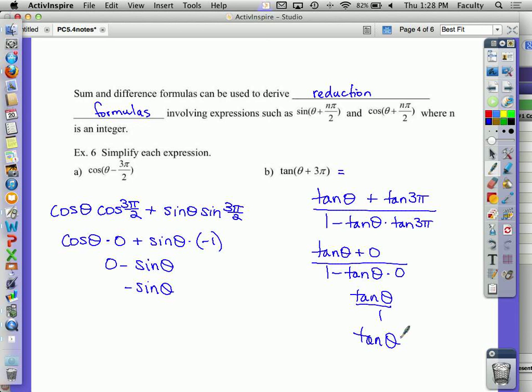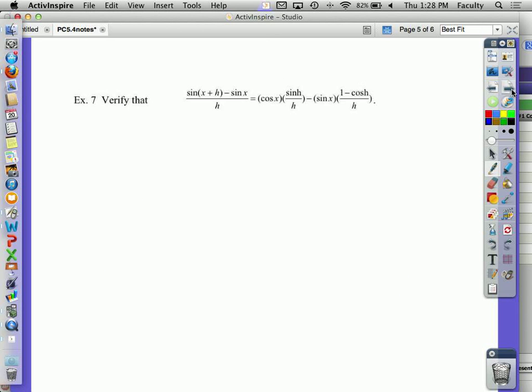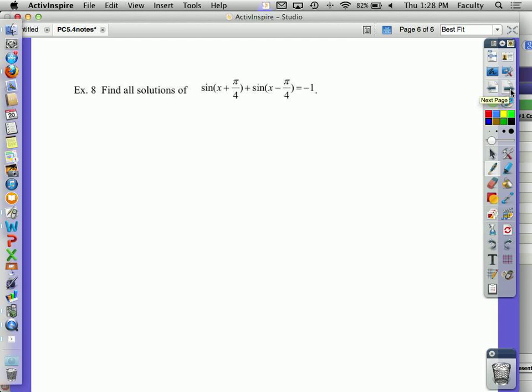All right, we're going to skip example 7 and we're going to jump to example 8. It says find all solutions of sine of the quantity x plus pi over 4 plus sine of x minus pi over 4 equals negative 1. So what we're going to do is expand each of these using our sum and difference formulas.